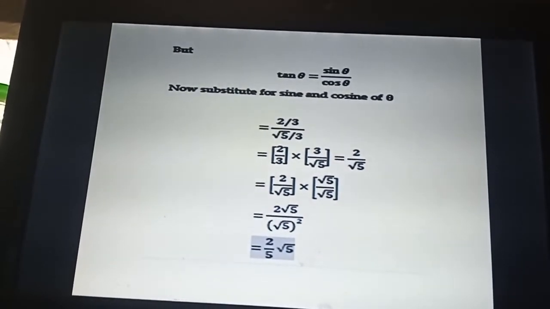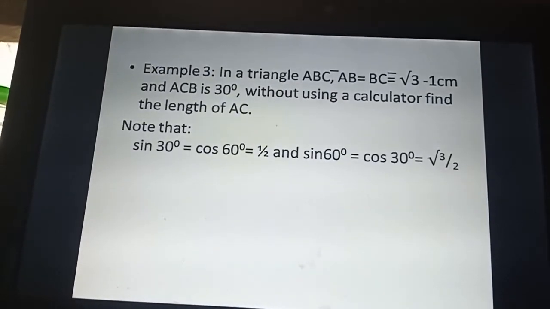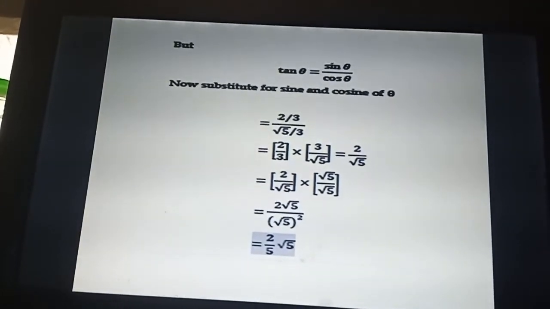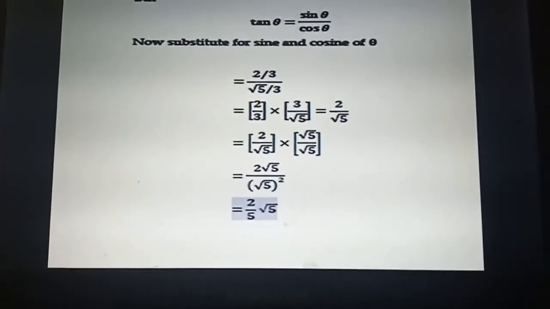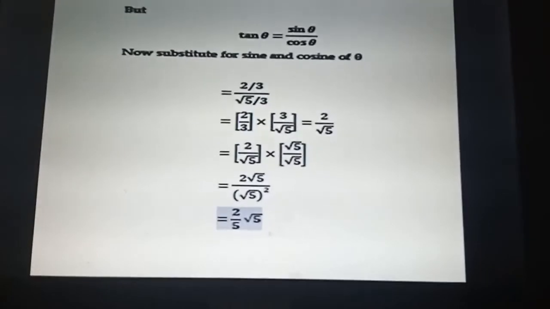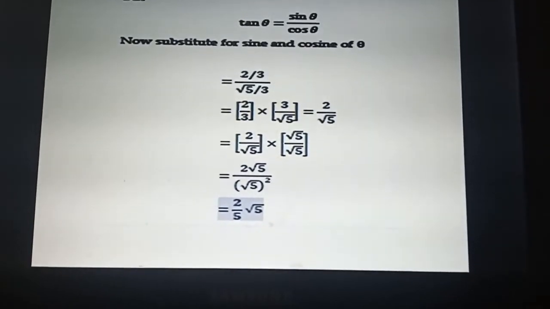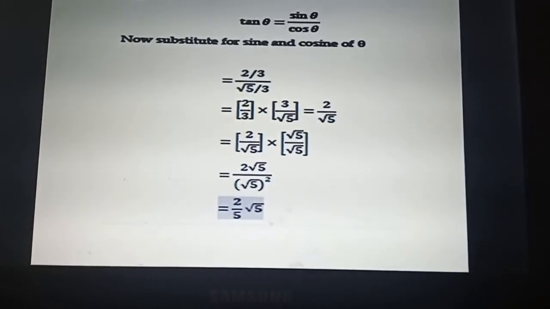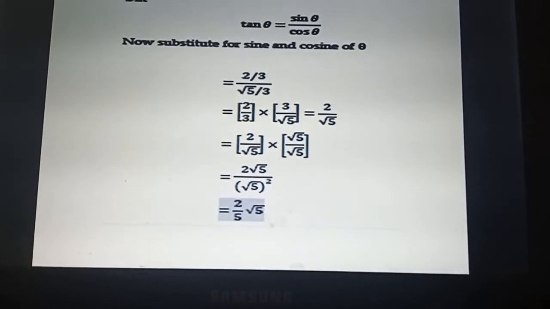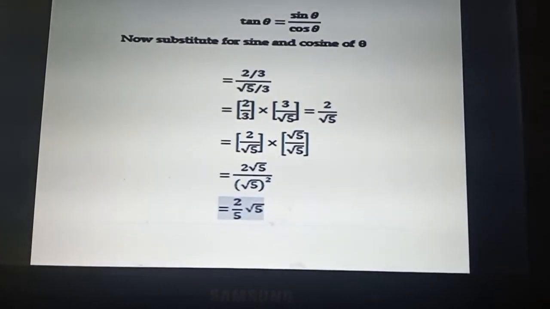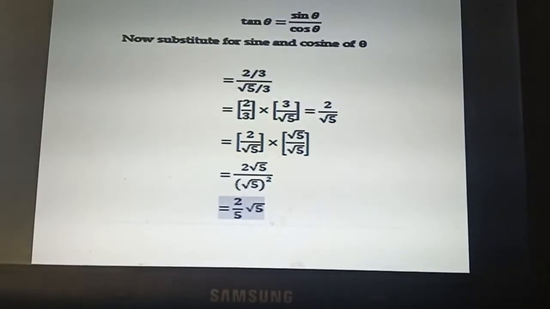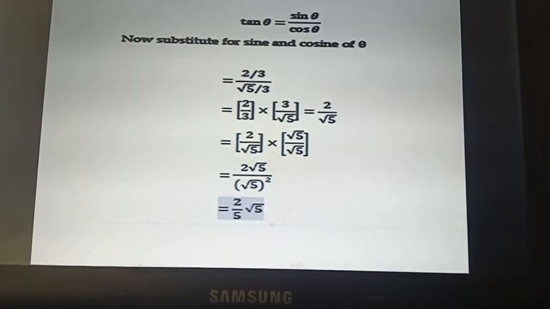You see? This is the solution. I hope it's clear. So I think from here, or let me add another one. You have to master it. It's very, very simple.